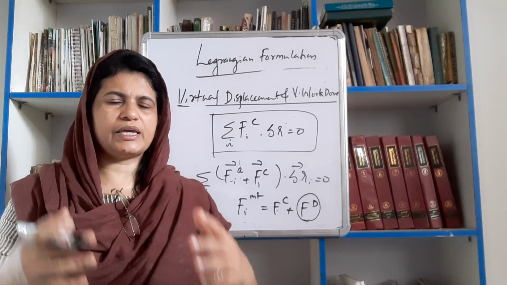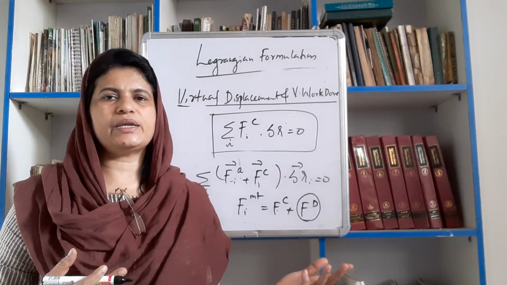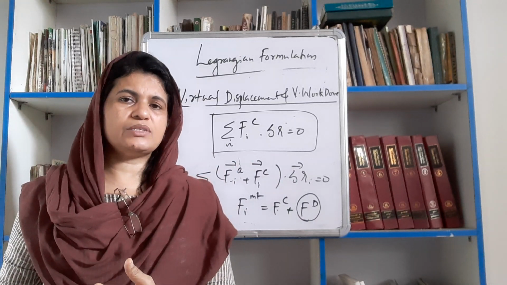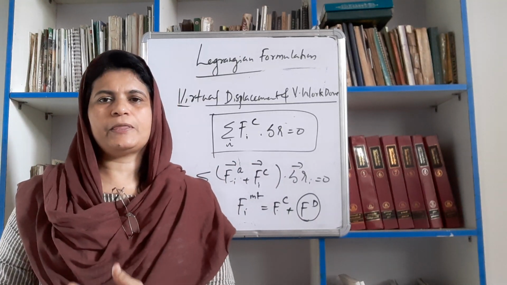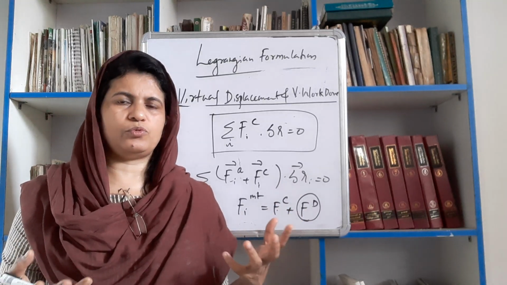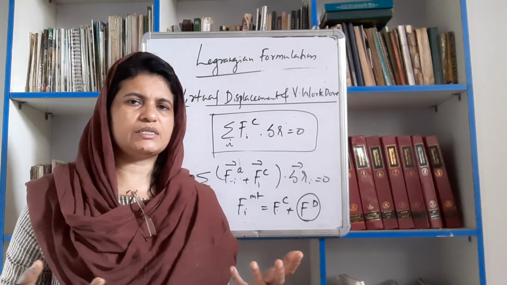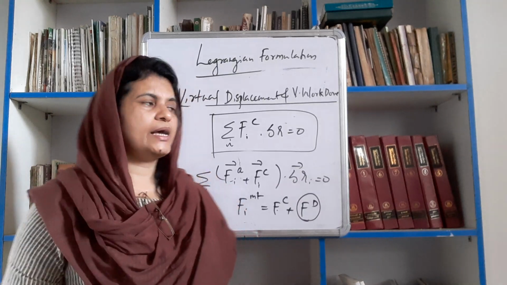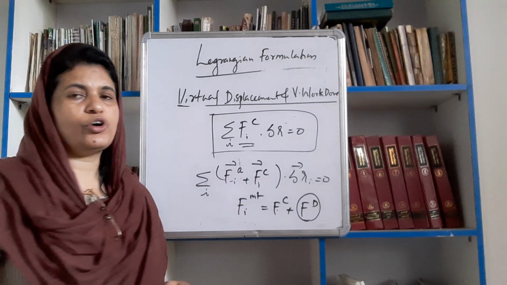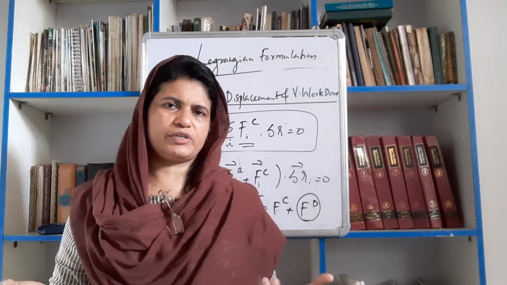I will say once again, in the case of Newtonian mechanics, we are using forces. In the case of Lagrangian and Hamiltonian mechanics, we are using energy or work done. The complication regarding the motion is the forces of constraints. Forces of constraints are a little more complicated, and we cannot avoid them, but there is a provision to avoid the work done due to forces of constraints.